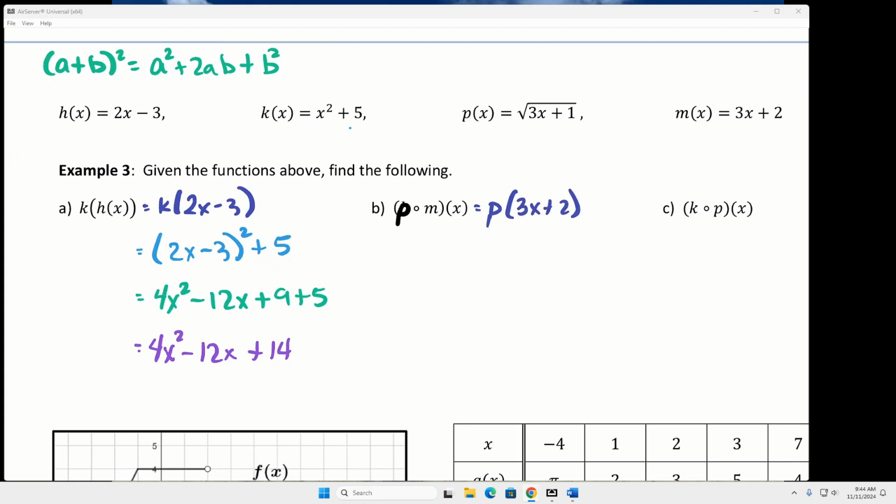I'm going to put it into p. And everything I put into p is going to go in under a square root. And under that square root, I'm going to multiply whatever I'm putting in by 3, and then I'm going to add 1 to it.